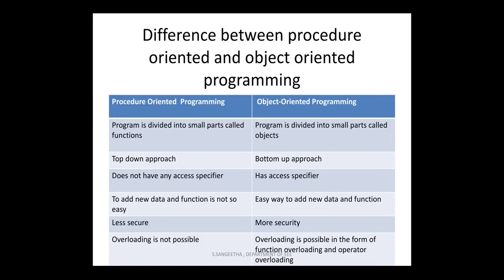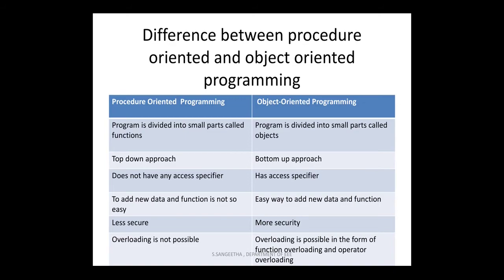Next, we are going to discuss the differences between procedure oriented programming and object oriented programming. Procedure oriented programming is divided into small parts called functions, whereas object oriented programming is divided into small parts called objects.